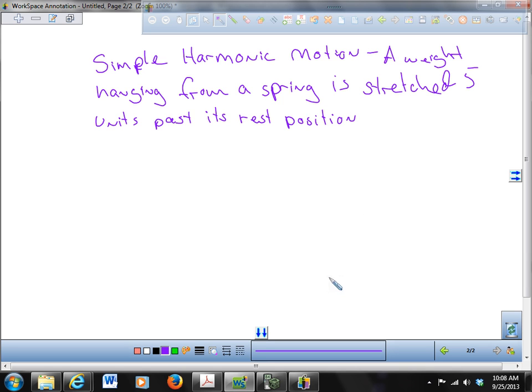It's modeled by the equation s of t is equal to 5 cosine t. So this is the position function.